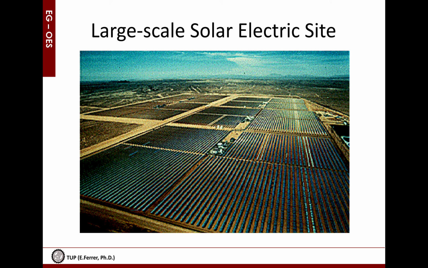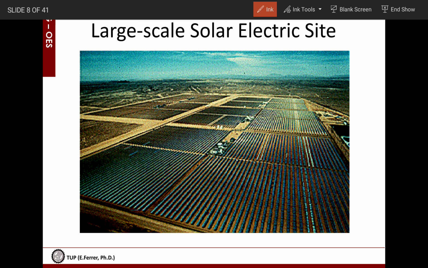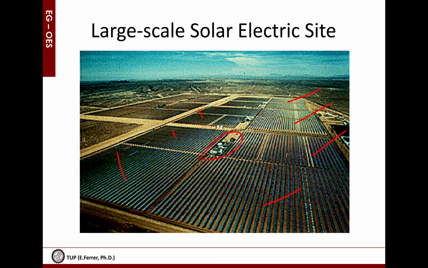Then the large scale solar electric site. This is very large. You can see the facilities inside. These are the panels. Basically, the con here is you need a lot of land area. That's very obvious.